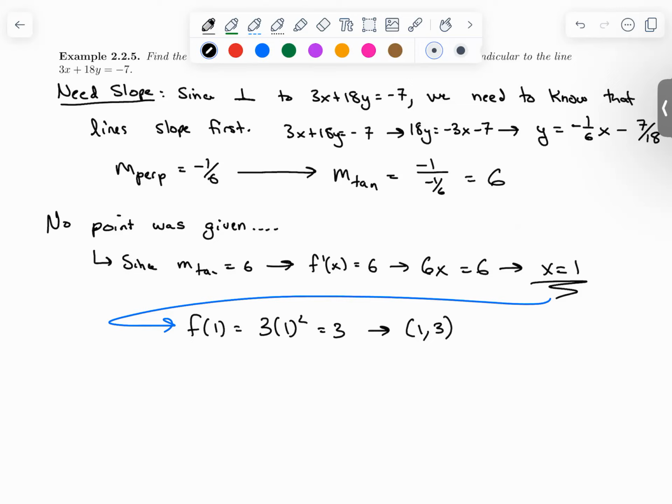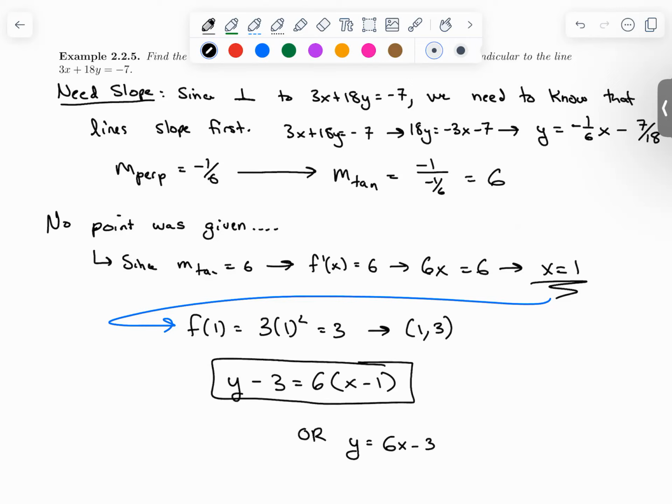So now we have slope, we have point. We can write it y minus y sub 1, so y minus 3 is equal to m, which is 6, times x minus x sub 1, which is 1, or y equals 6x minus 6 plus 3, so minus 3, 6x minus 3.